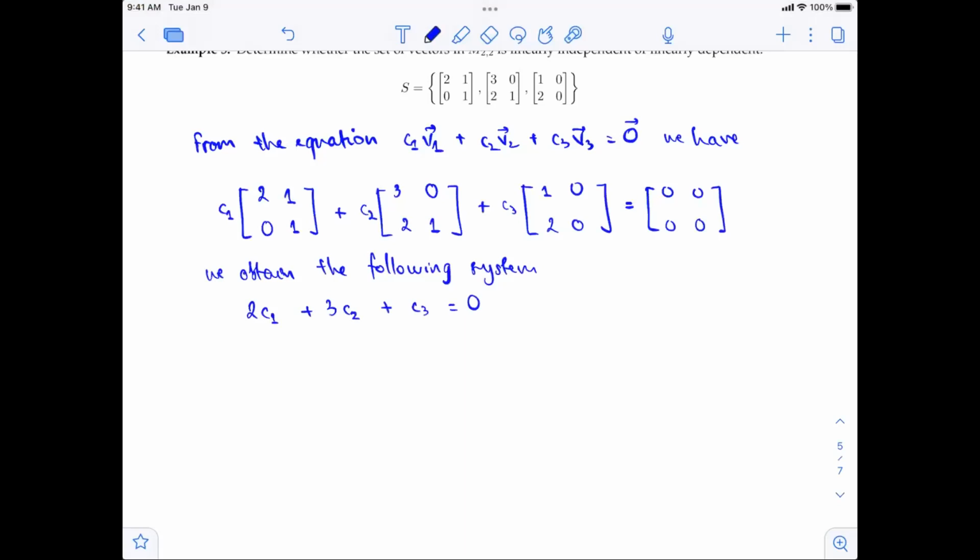That's the first equation, corresponding to the first component of the matrices.